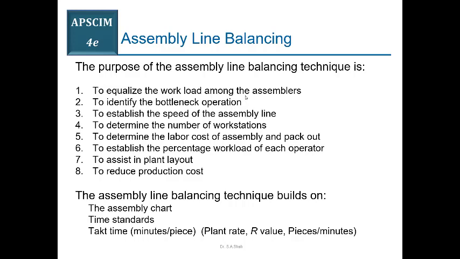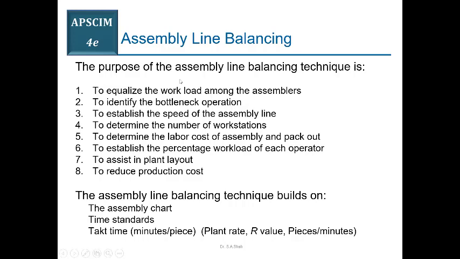So definitely there will be time differences between the workstations. What we do in line balancing is that we try to level or to reduce those differences in between the workers or in between the workstations.